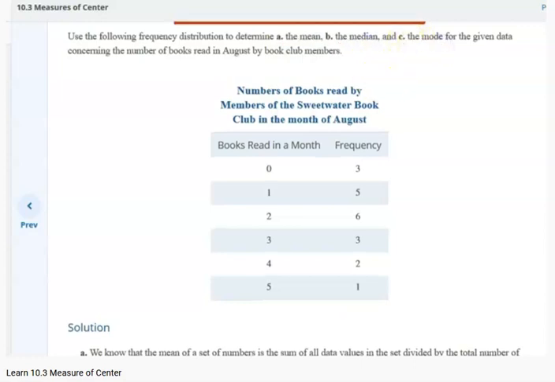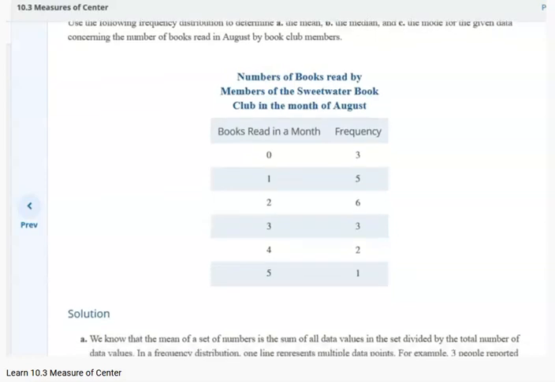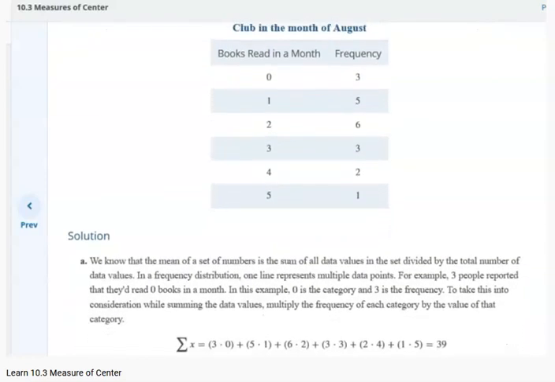Now, in finding the mean, we have to keep in mind as we look at the data that the frequency of 0, that is, no one reading a book, was 3. And then following through, these were the number of books that were read, and this is how often it occurred.